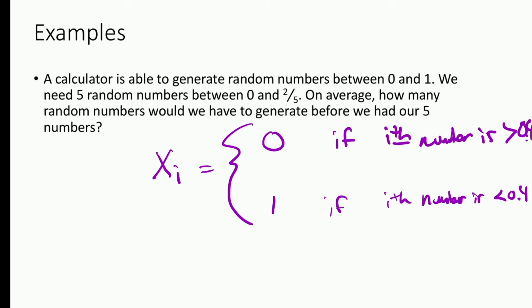So there's that cutoff. Yeah, so I guess it's just like the other ones. Do you have success? 0 for failure, 1 for success.